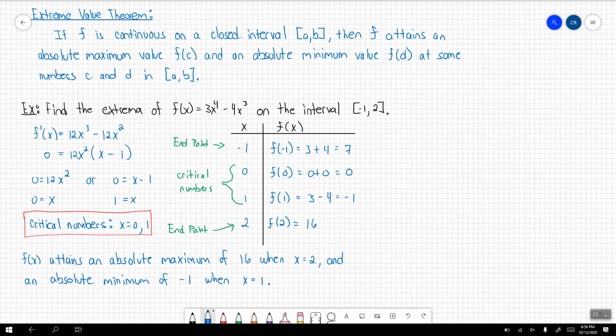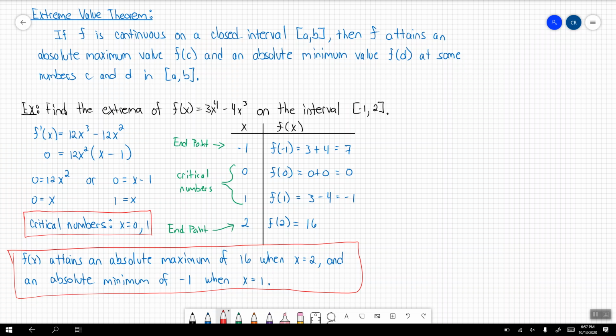So we do get an absolute maximum and we do get an absolute minimum. And again, I want to state them at the very end explicitly like this to communicate to the reader that we have found this maximum and this minimum.